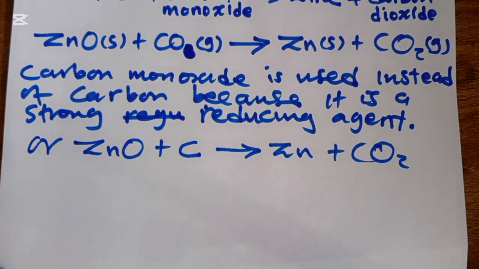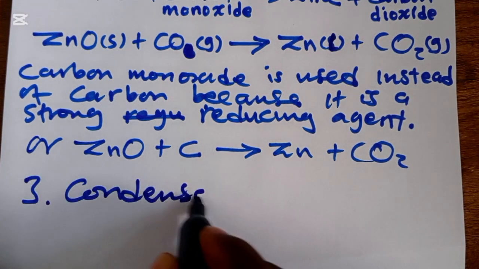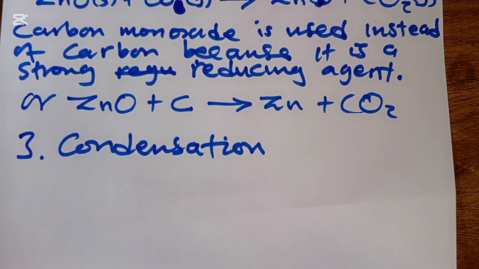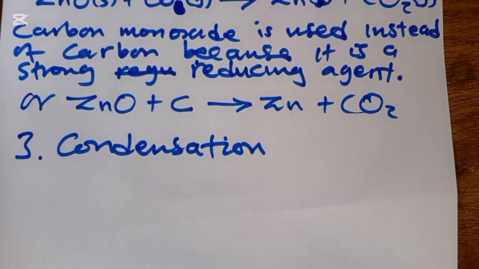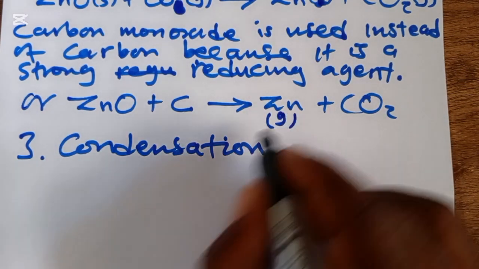The last stage now, which is process 3, is called condensation. The zinc that is produced is in a gas form.